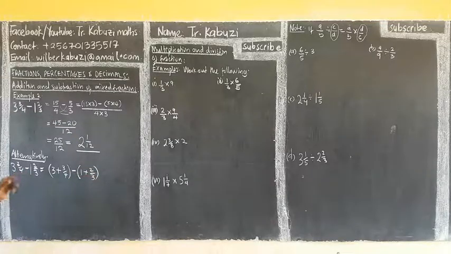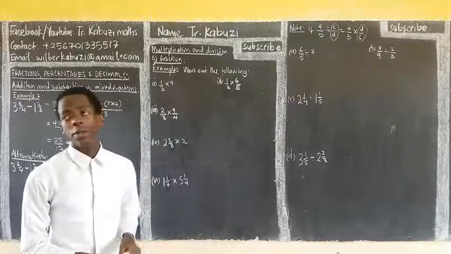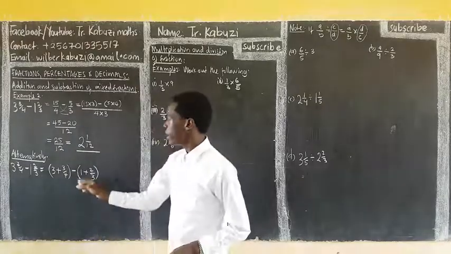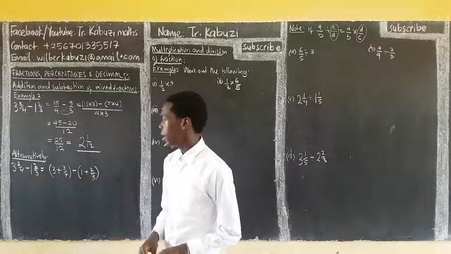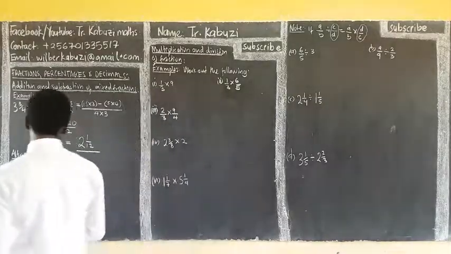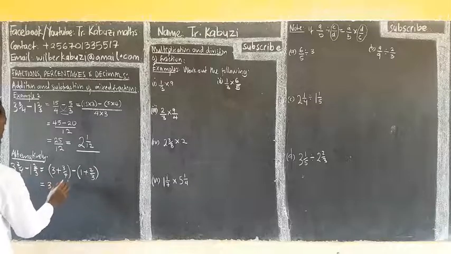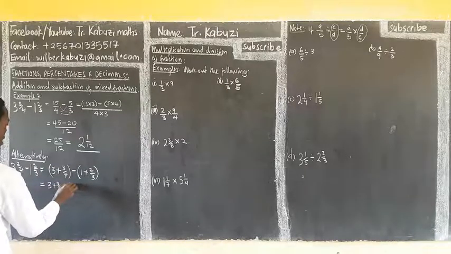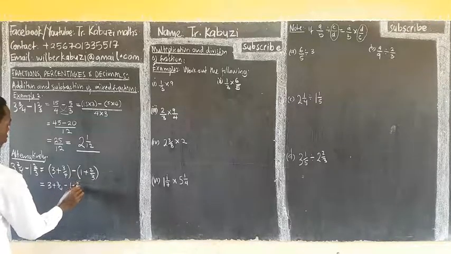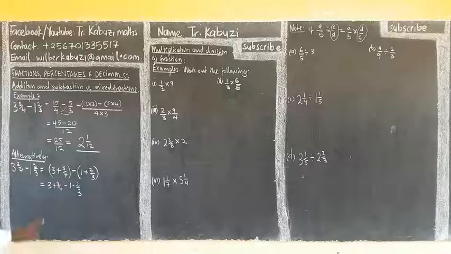Now when you have a difference, or when you are subtracting those mixed fractions, you always create brackets so that you don't miss out on the signs. So this is going to be 3 plus 3 over 4, then minus 1, minus 2 over 3. Then you combine the whole numbers and then the fractions alone.